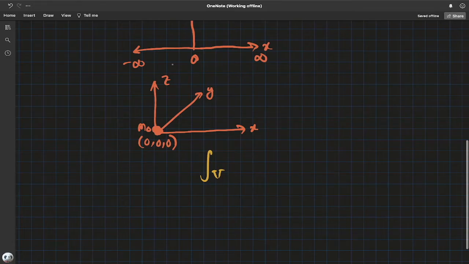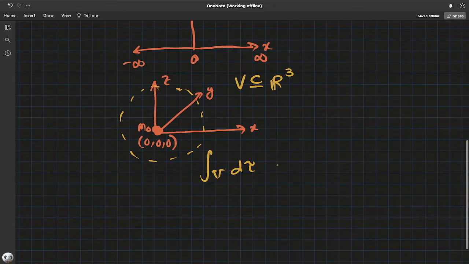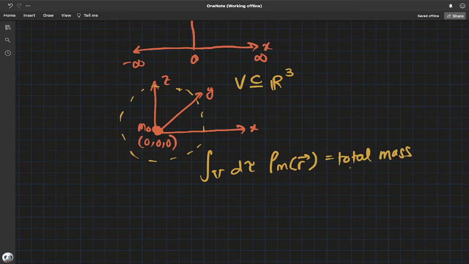This entire space, or at least an important subset of R3, is what I'm gonna call V. Could be an improper subset. So the volume integral of mass density, which is a scalar field, gives you the total mass in space V.